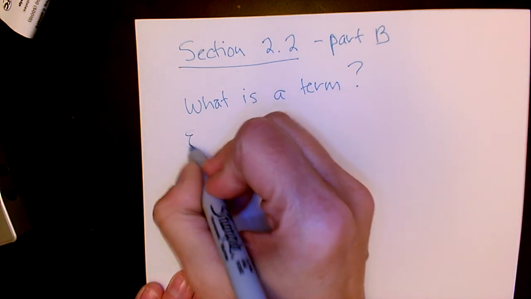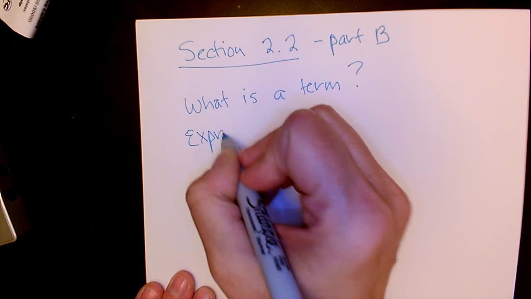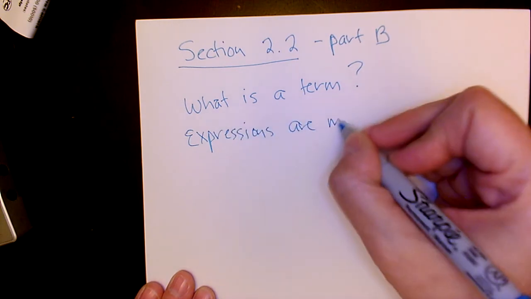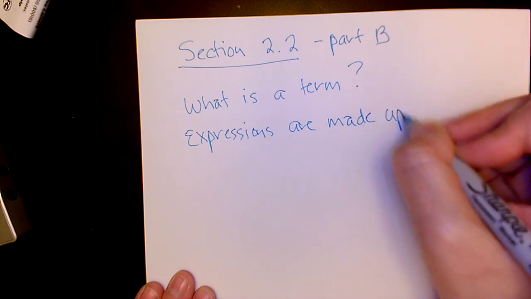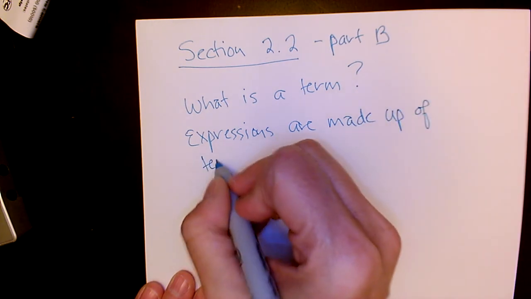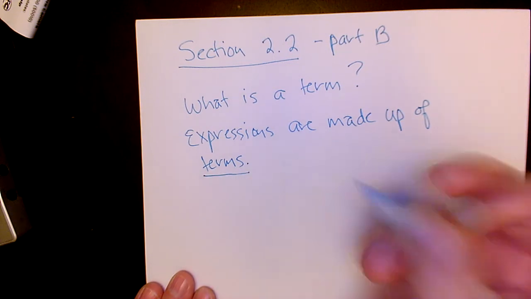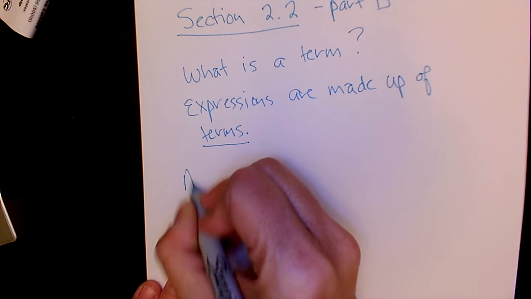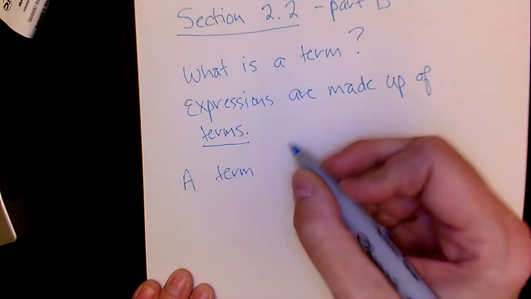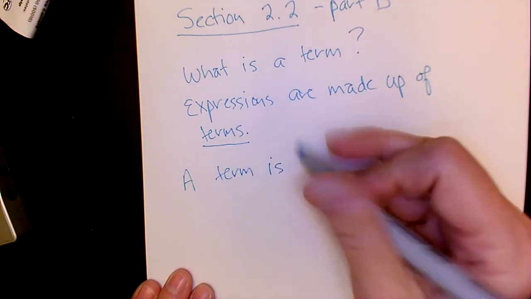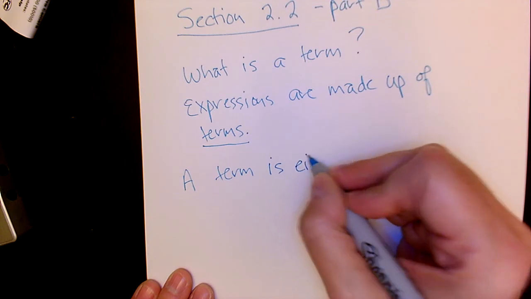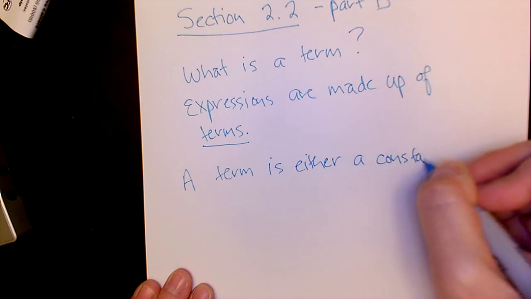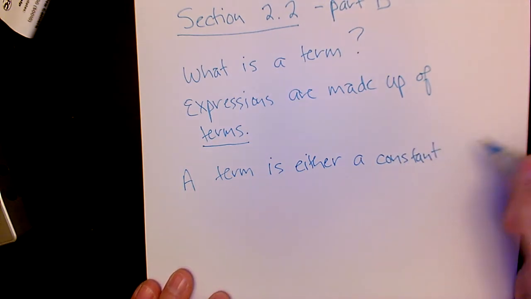So, expressions are made up of terms. And a term is either a constant, so that's just like we talked about, that's like a number, right?